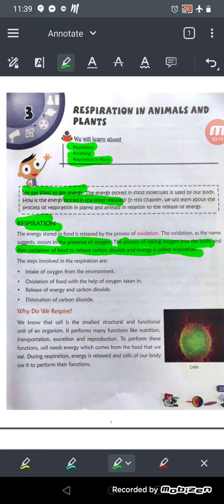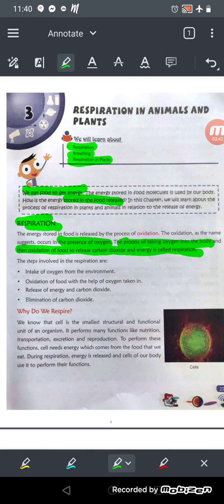To release energy, carbon dioxide and water. The energy is used by our body, and carbon dioxide and water, the parts we don't use, we release. The carbon dioxide we excrete from our body through our nostrils. This is called respiration.